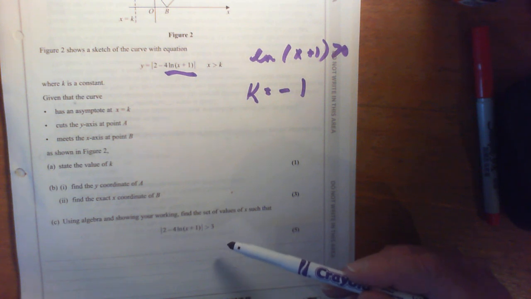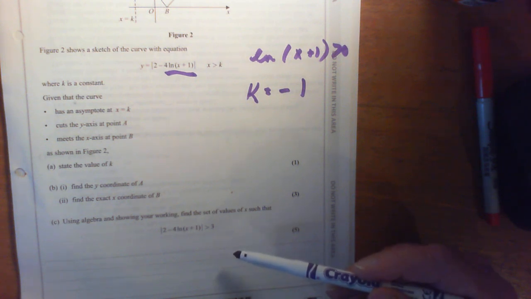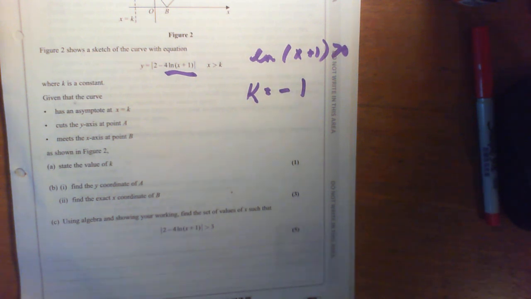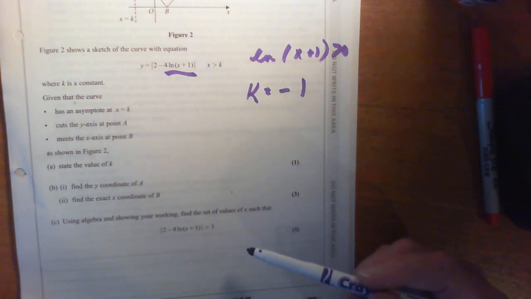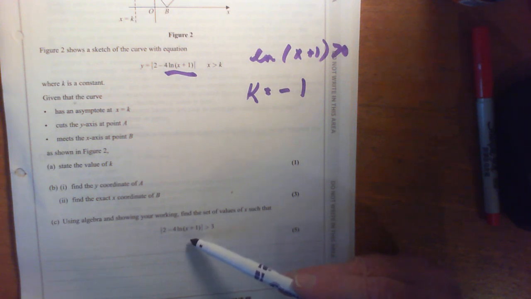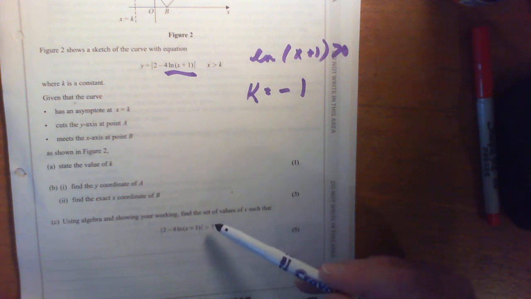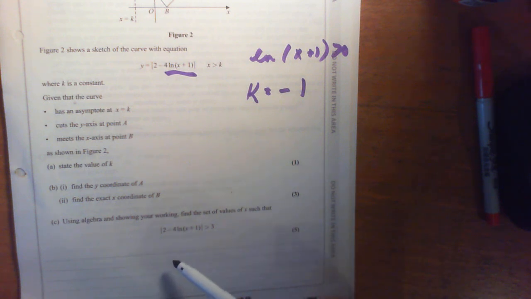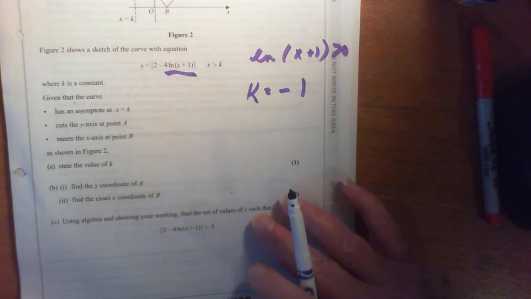But that normally gets us into really unmanageable algebra. So the best thing to do is just split it into two. Take the positive left-hand side and say that's greater than 3, and take the negative left-hand side and make that greater than 3 as well. So do it in two separate operations.